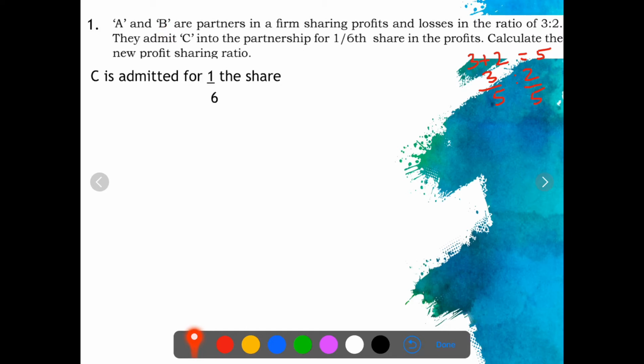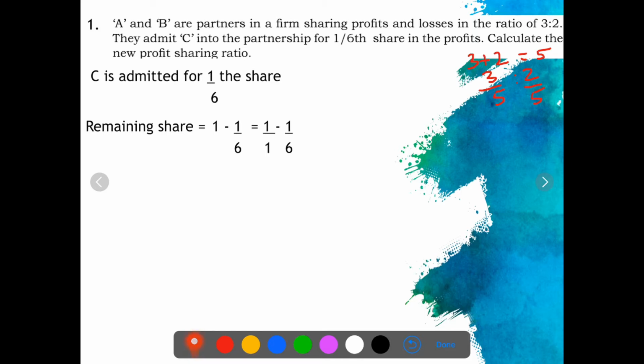For this, we need to calculate the remaining share. So let us assume 1 is the share. In this, 1/6 is given for C. So how much will be given for A and B? We need to calculate. So let us write it like this.